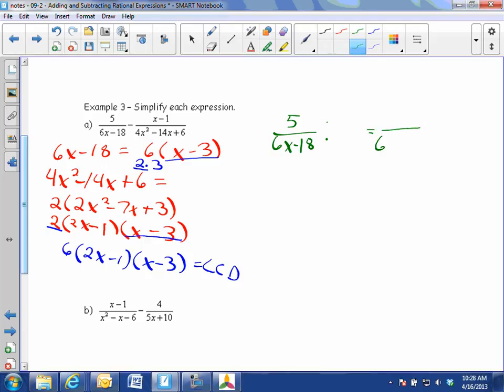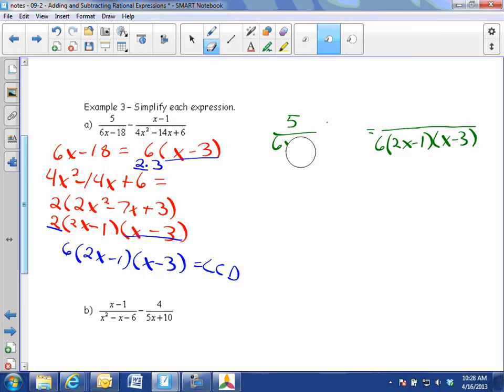So we want it to be this. Easiest way, instead of going back to where we started, like I did here, I would take what we factored already, because it's a whole lot easier to see what we need to multiply by to get over to this guy. So we'll have 2 times 3 times x minus 3.